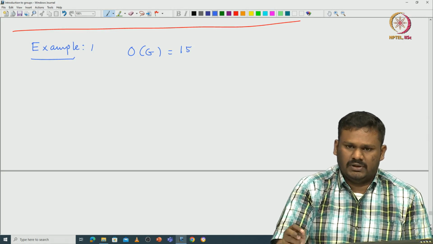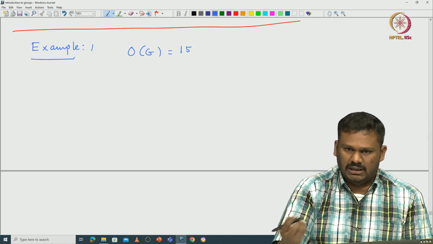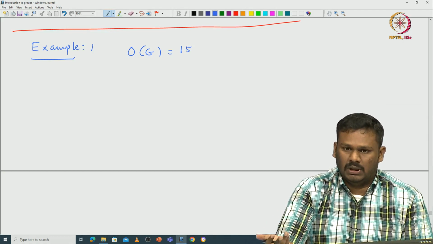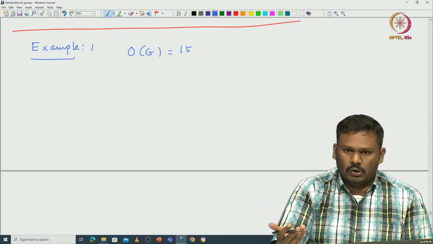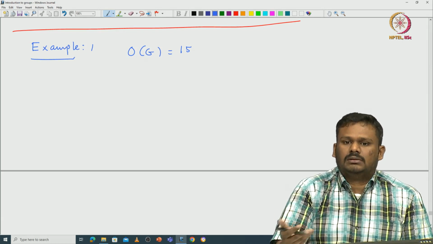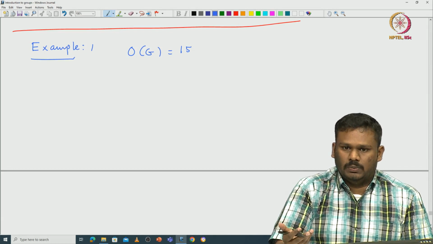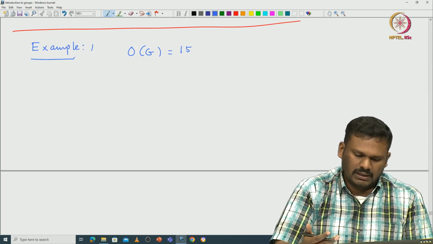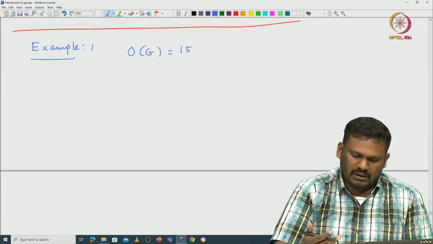One can also start with order 6, which we have already understood. If you take a group of order 6, we proved already it is either the cyclic group or the symmetric group S3. But now what we want to look at is this group of order 15.